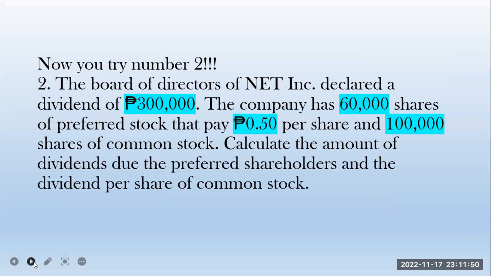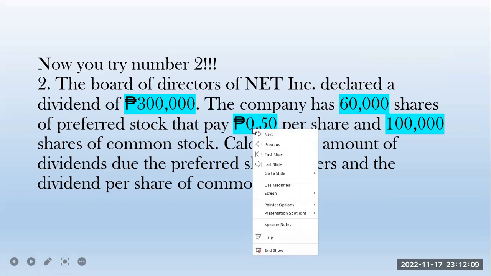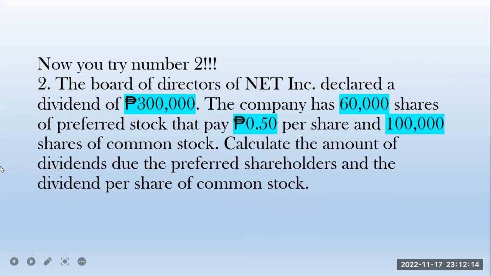Okay, now your turn. Try number 2, pero sagutan na din natin. The board of directors of Net Incorporated declared a dividend of 300,000 pesos. The company has 60,000 shares of preferred stock that pay 0.50 per share and 100,000 shares of common stock. Now, calculate the amount of dividends due to the preferred shareholders and dividend per share of common stock.